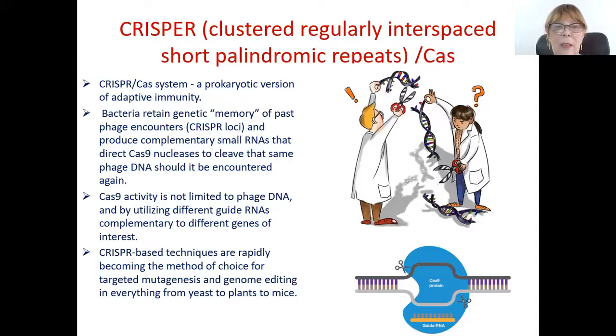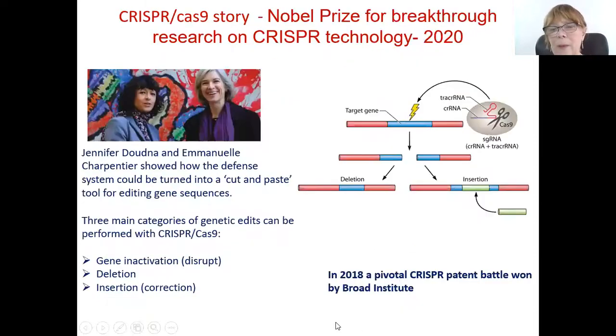Cas9 activity is not limited to phages, and it is possible to utilize different guide RNAs complementary to different genes of interest. So this CRISPR-Cas technique is now widely used for human genetic therapy.